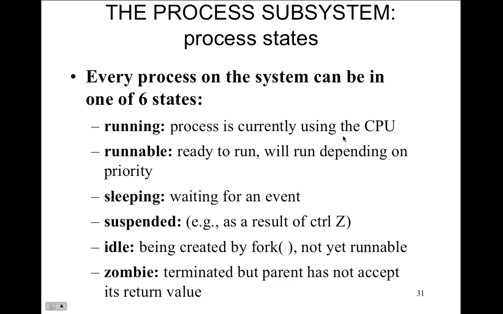If it's currently using the CPU, it's running. It's runnable if it wants to use CPU time, but it just isn't given it yet. So depending upon priority, it might be sitting there ready to run, and then we have latency because we can't run it because the processor is too slow. It hasn't finished the last job it's working on or something.